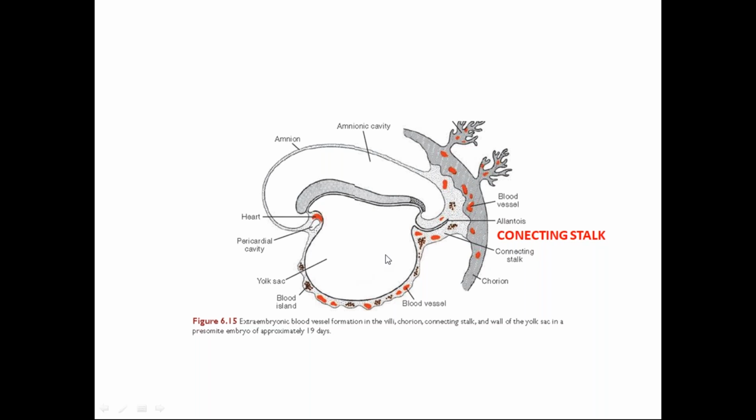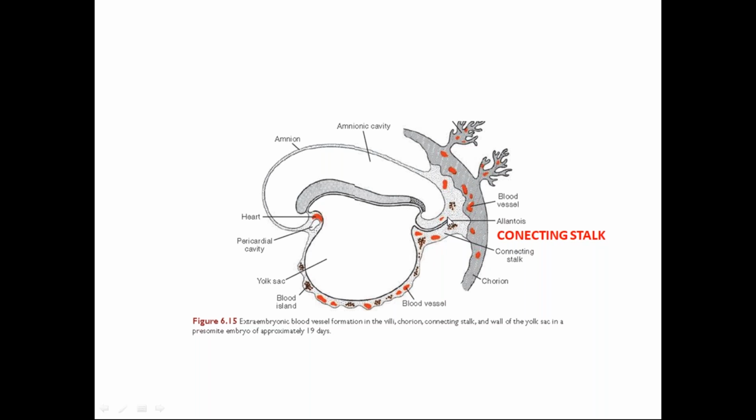Look at the yolk sac on the ventral aspect of the developing embryo, the amniotic cavity on the dorsal aspect. The connection is the connecting stalk, and in this connecting stalk, what do you see? You see that from the yolk sac, a diverticulum is entering this connecting stalk.